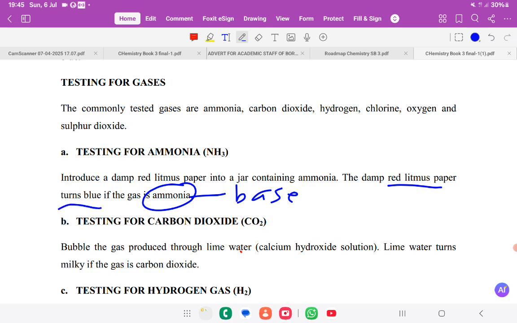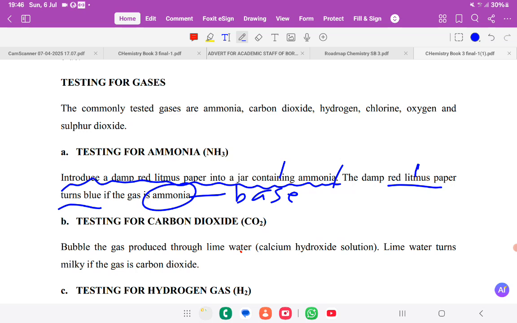They may ask you in a 2 marks question to explain how you test for ammonia gas. So you simply say introduce a damp red litmus paper into a jar which contains the gas. If the red litmus paper changes to blue, then the gas in the jar is ammonia. You get 1 mark for saying what you do, and another mark for saying the result.